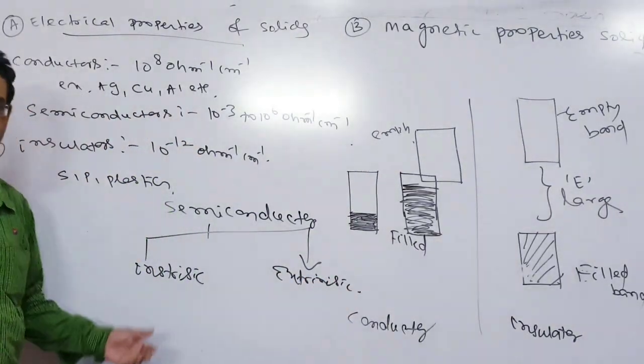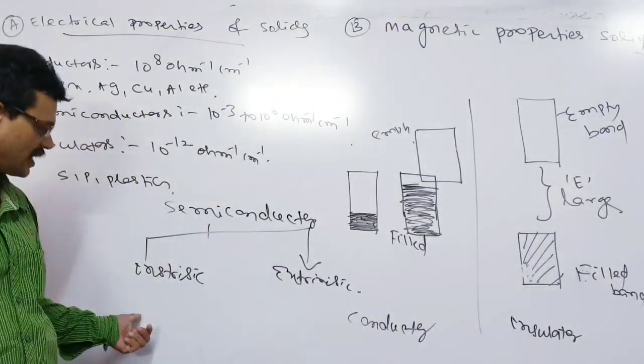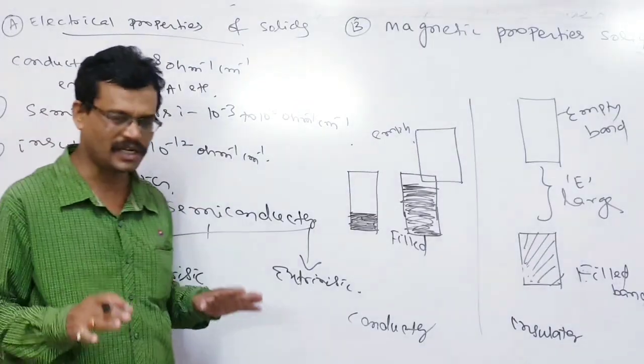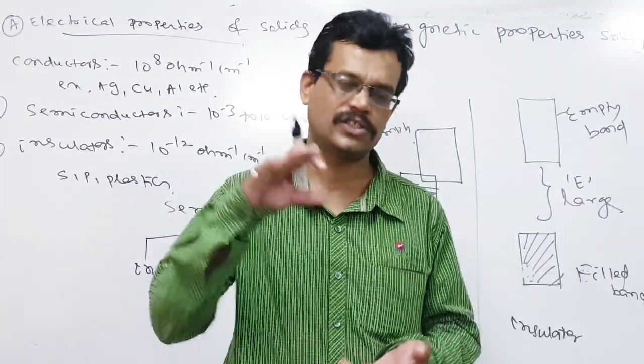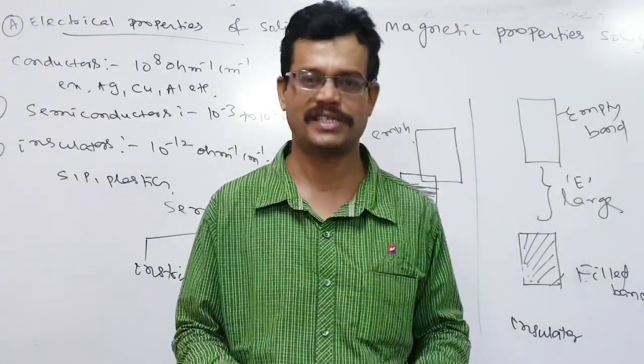So what is meant by intrinsic semiconductor and extrinsic semiconductor? Intrinsic semiconductors are the original semiconductors, which have sufficient electrons to carry current by themselves, and they don't require anybody's help.